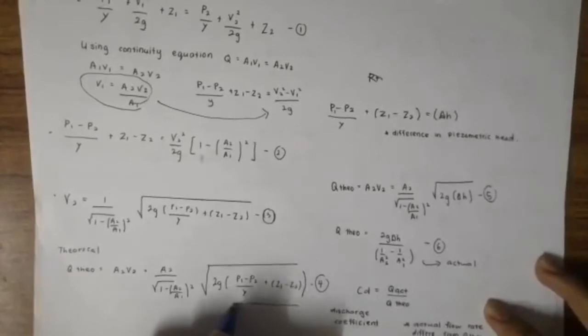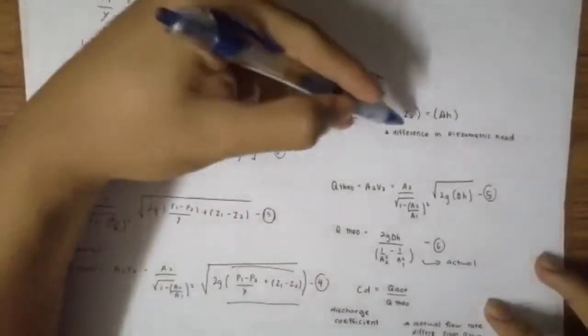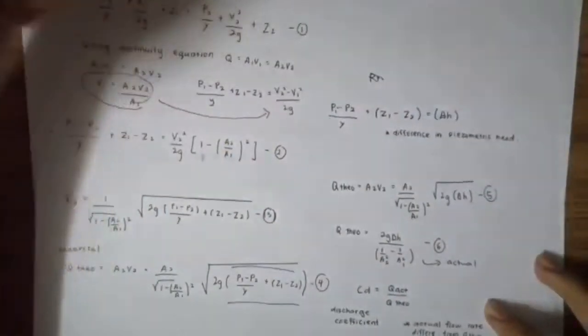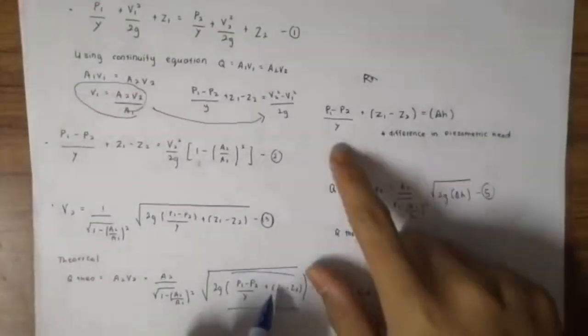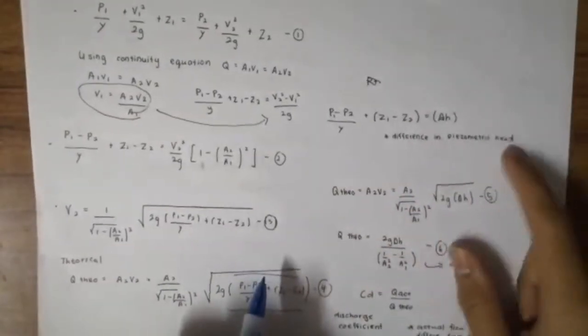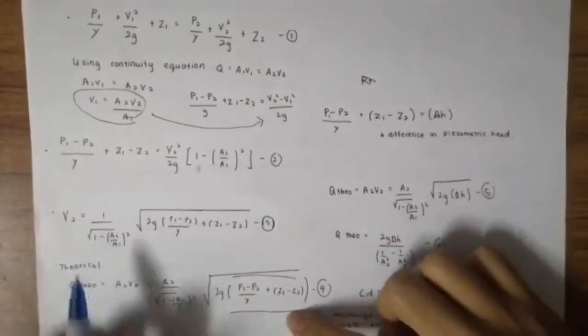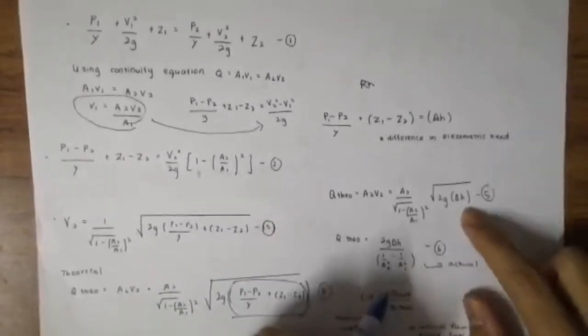This particular equation can be changed into delta H, because it represents the difference in piezometric head. So it is the same as delta H. We change this equation into delta H right here.